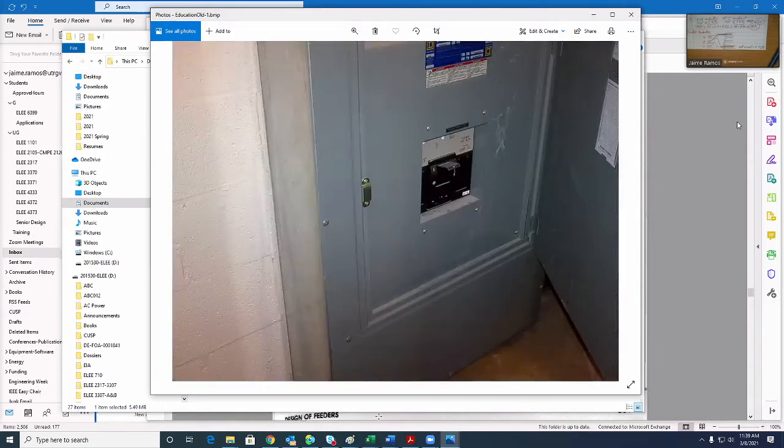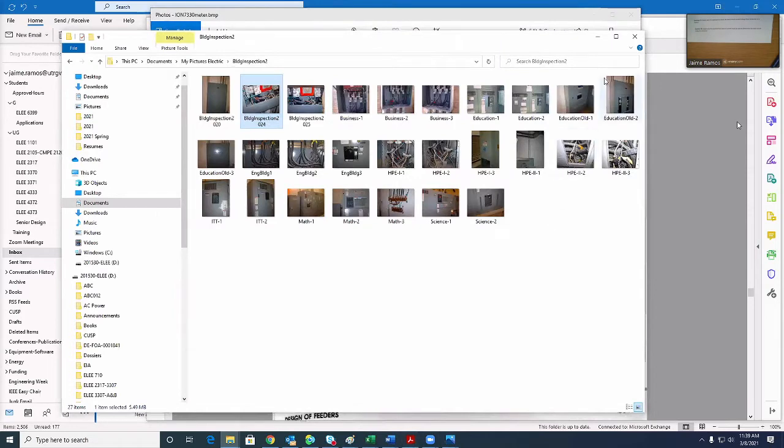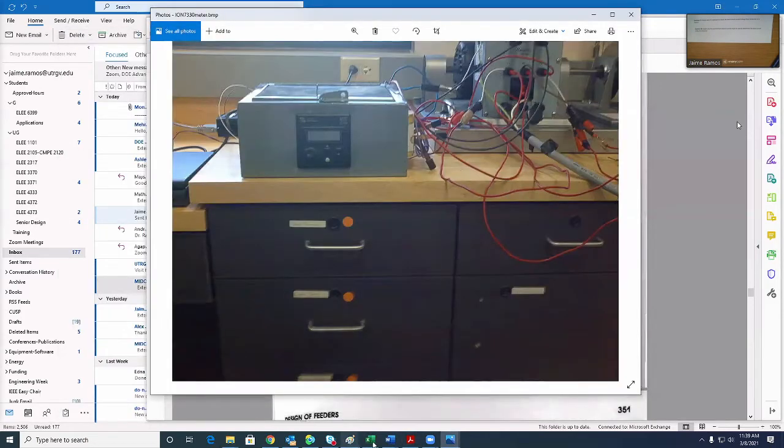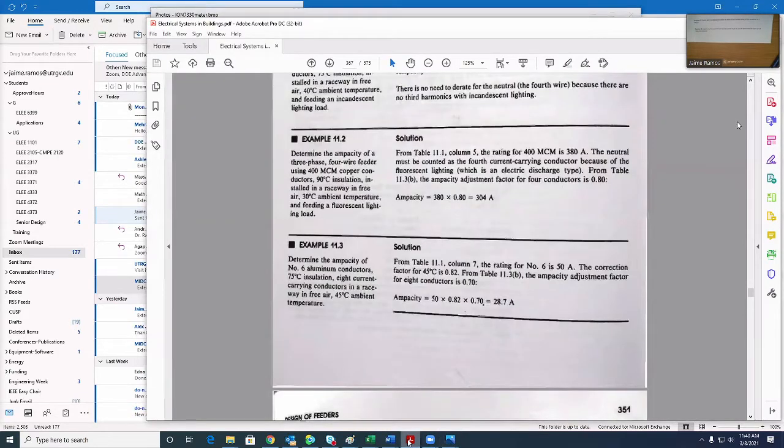Okay, fine. So then let's look at another question like this. Okay, so then question 12, short circuit current rating of the conductors. So for short circuit current rating of conductors, let's look at the book and see what the book has to say about short circuit current rating.